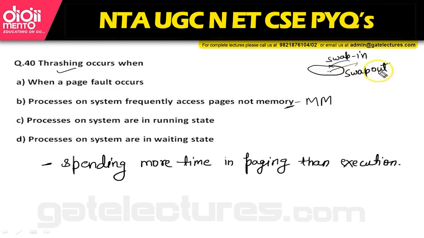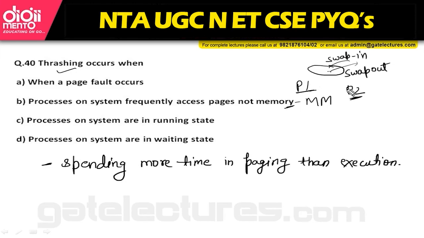A lot of time is wasted because, let's say, for process P1, with the limited memory it swaps in a few pages. Now P2 gets scheduled and also wants a few pages from memory. Now it will swap out the pages of P1 back and again swap in for P2. So due to increasing the degree of multi-programming, the CPU is executing so many processes and they are referring to pages which are not in memory.